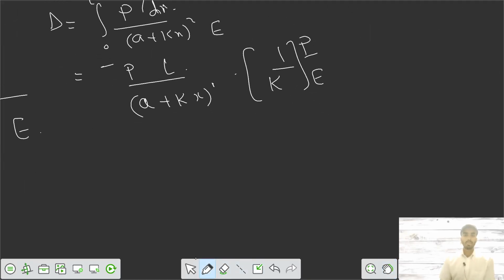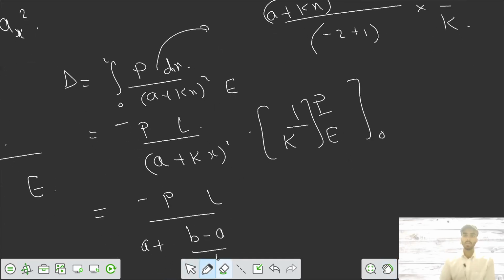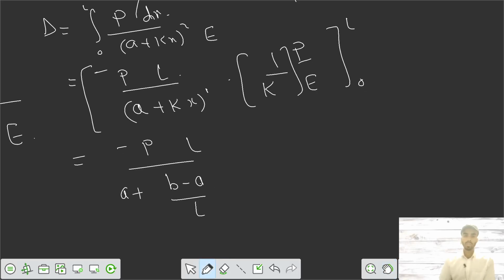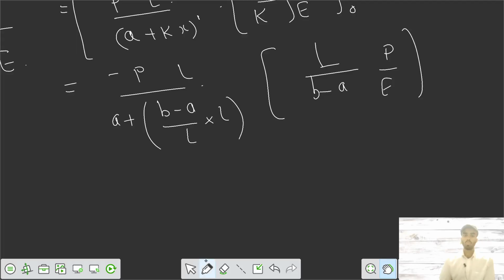Now substituting the values, we would get minus PL by A plus (B minus A by L), and you need to apply the value of x as L, 0 to L. The value of x here becomes L, into 1 by k. K was your B minus A upon L, E.